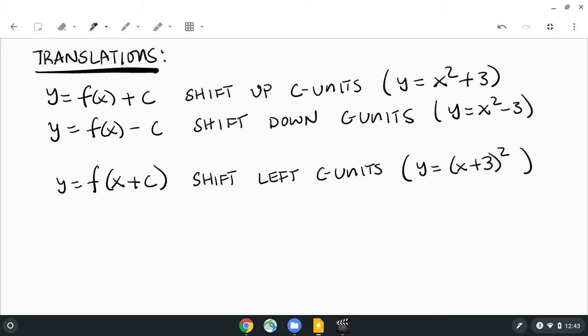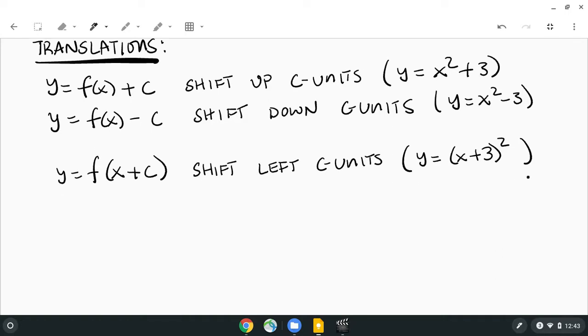Okay, so hopefully you see the difference between this one, where you're adding 3 outside the function, and here you're adding 3 inside the squaring function. Okay, so whenever it's inside the function, so maybe it says (x plus 3) squared, or (x plus 3) cubed, or x plus 3 with absolute value around it, that's going to be a shift to the left. Okay, when it's inside, it's going to be a left-right shift.